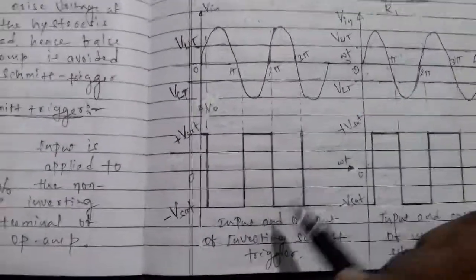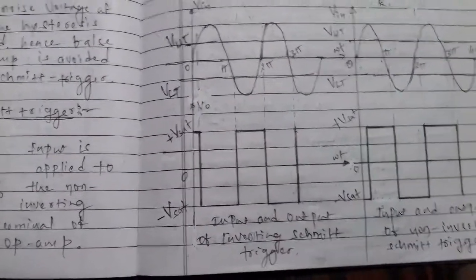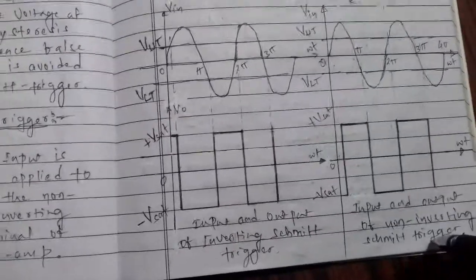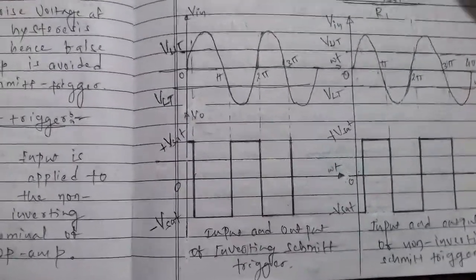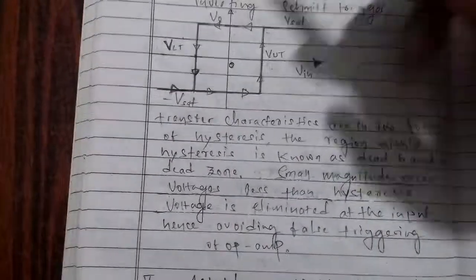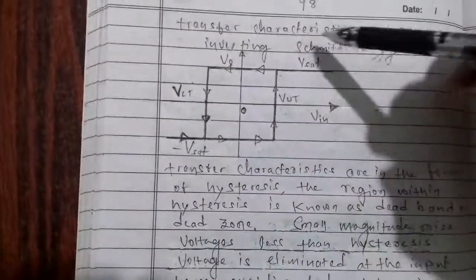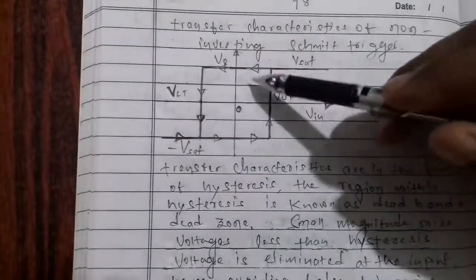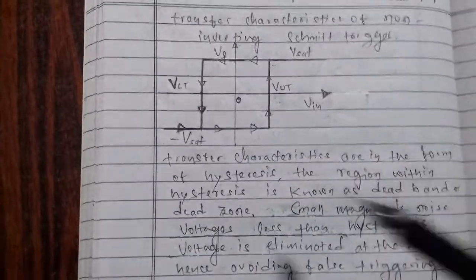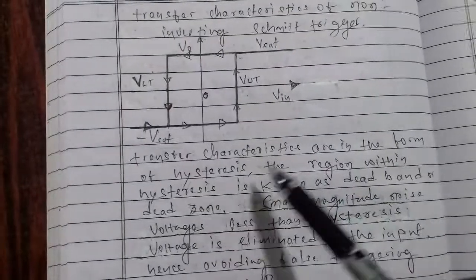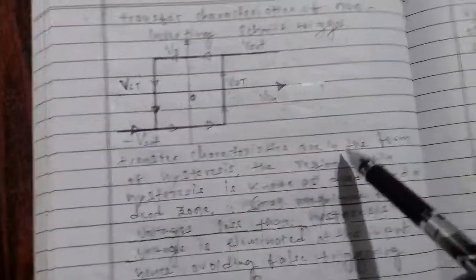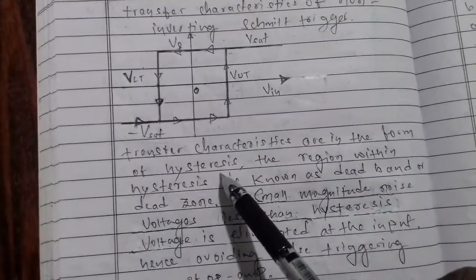This one is the inverting Schmitt trigger, and this one is the non-inverting Schmitt trigger circuit. The transfer characteristics of non-inverting Schmitt trigger are in the form of hysteresis.